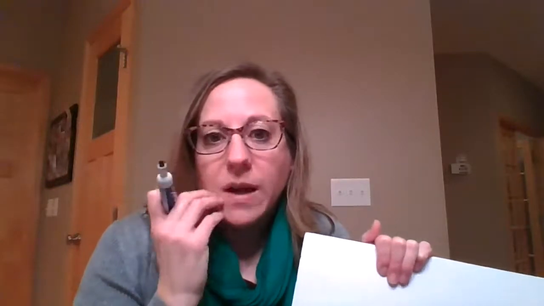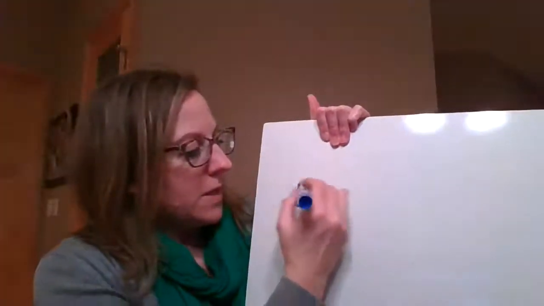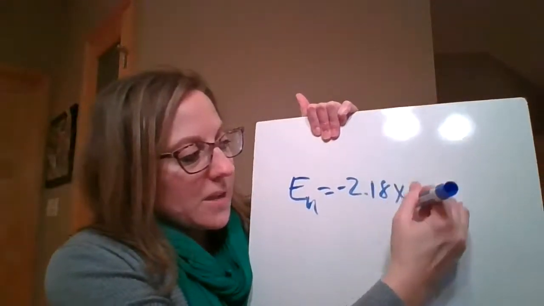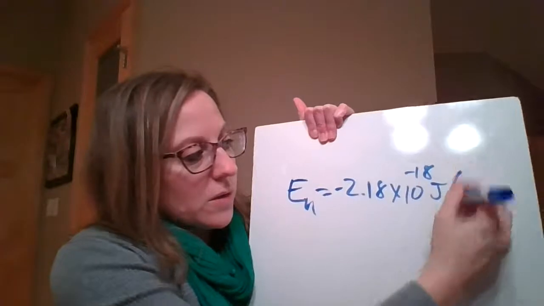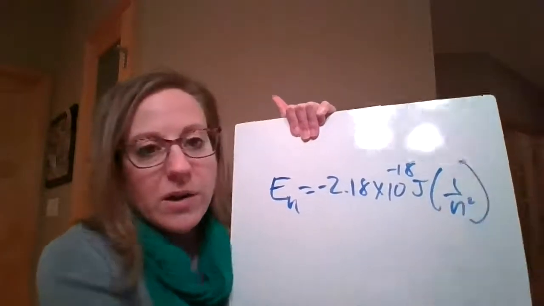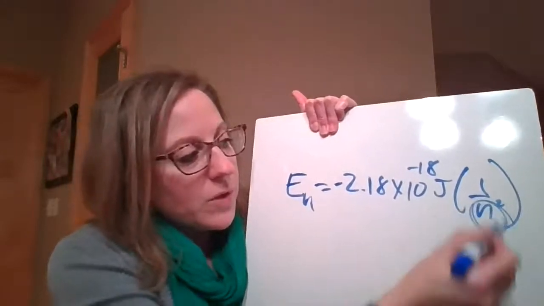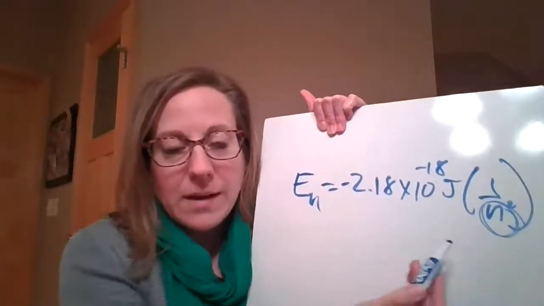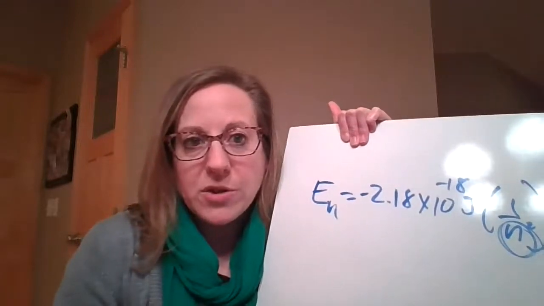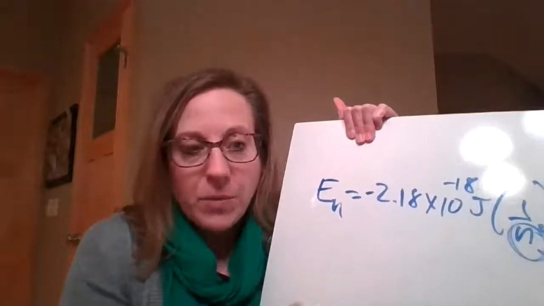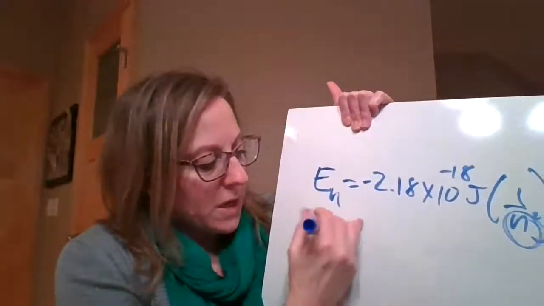Today we talked about finding the energy of a level in the hydrogen atom, and that equation is E sub n equals negative 2.18 times 10 to the negative 18th joules times 1 over n squared. That is the situation where you would put in the shell number or energy level for n. That allows you to figure out, for example, the energy of the fourth shell or the energy of the third shell.